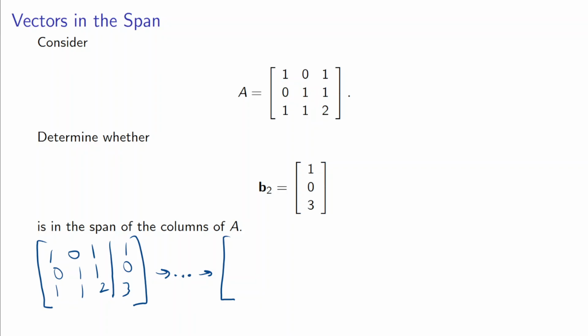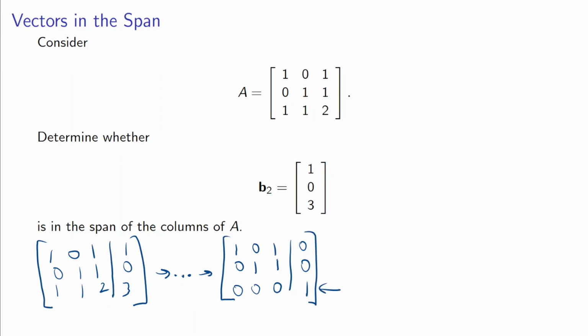If you would like more practice doing the row reduction by hand, or using Sage or a calculator, definitely go ahead. So if we row reduce, the result here is [1, 0, 1, 0; 0, 1, 1, 0; 0, 0, 0, 1].